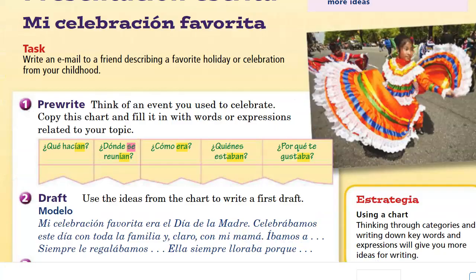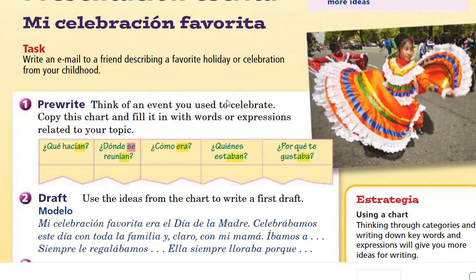And provide one picture of you celebrating your favorite holiday from when you were younger, just like how you did for your autobiographical presentation. Just need one picture. You're more than welcome to do more. I think it would be great if you did more, but the requirement is one photo.